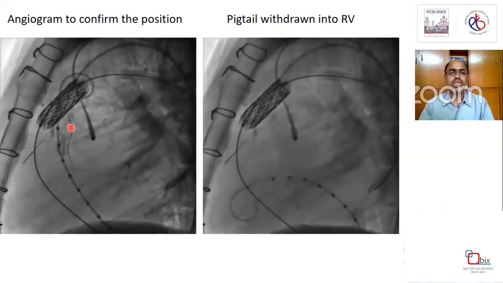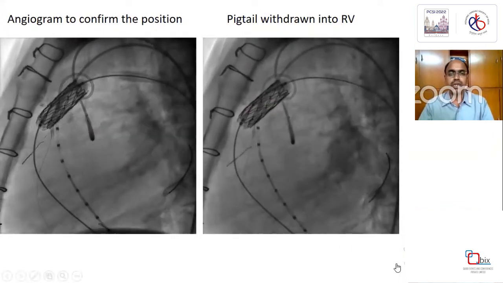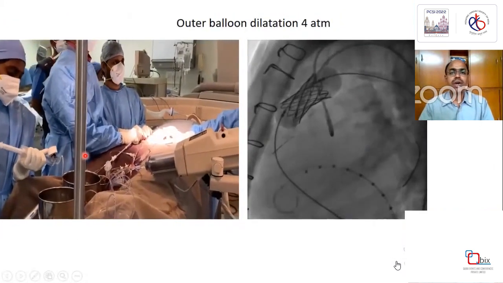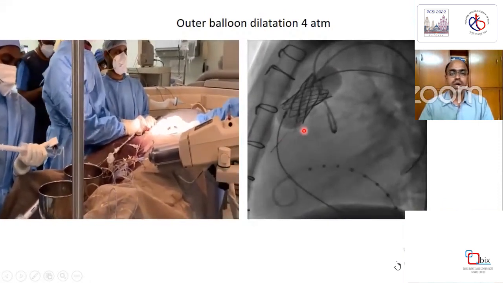Once the position is found to be correct, the pigtail was withdrawn into the right ventricle and the final dilatation is being done of the outer balloon at 4 atmospheres.